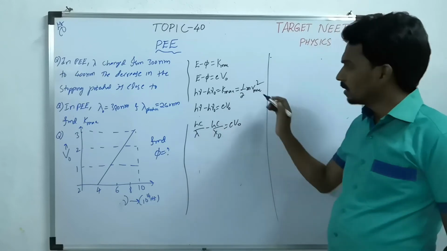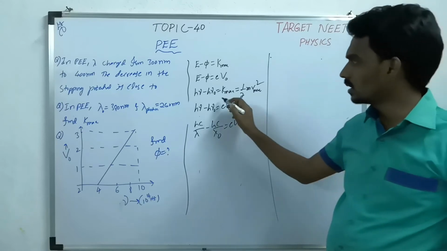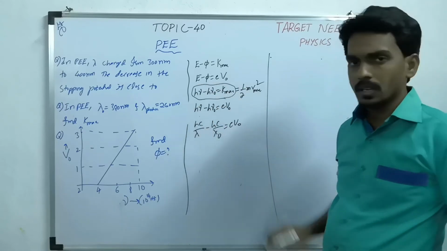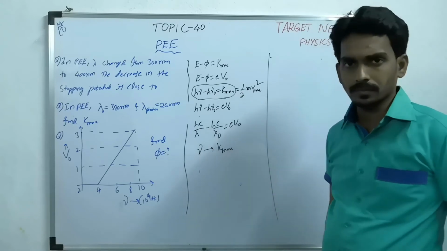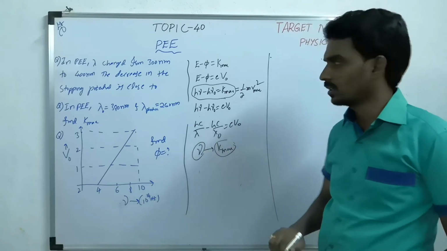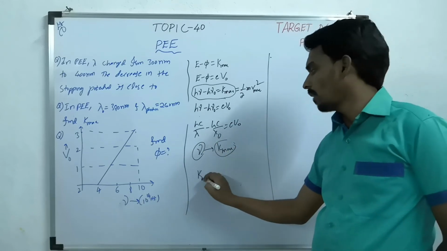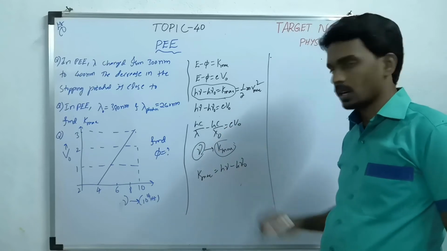Now if you take the graphical representation, suppose you consider this equation. Now you have to draw the graph between frequency and kinetic energy maximum, the variation of kinetic energy maximum with frequency. Then K max equal to h nu minus h nu naught.